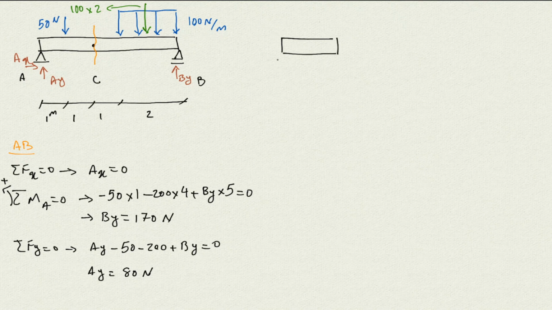and if I consider this as point A, that's the A, and this is the C, and then we have the section CB here. And then we put the external forces exactly the way they are. Don't put the resultant forces, because sometimes the cross section might go through the distributed load and split the distributed load between two sections.